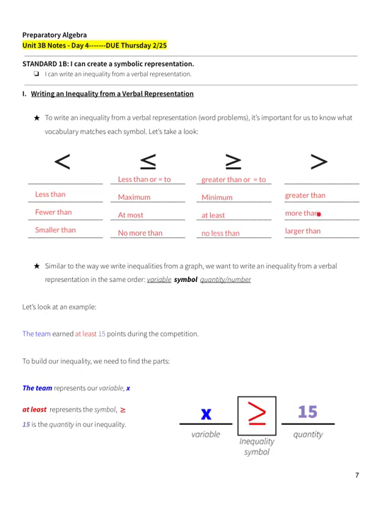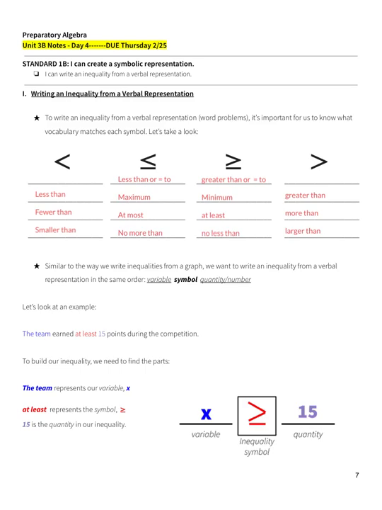So greater than, more than, larger than. Remember, as you're writing these inequalities into verbal representations, come back and look at these so that you know what it means. You might forget what symbol goes with what word, so look at this right here.